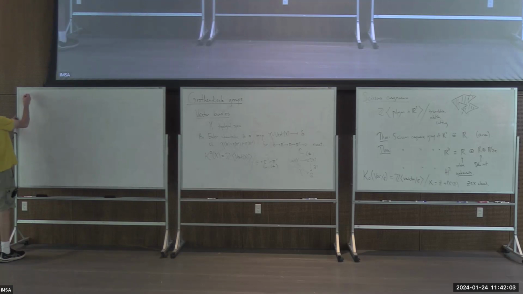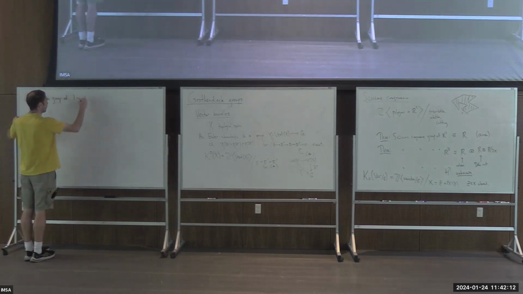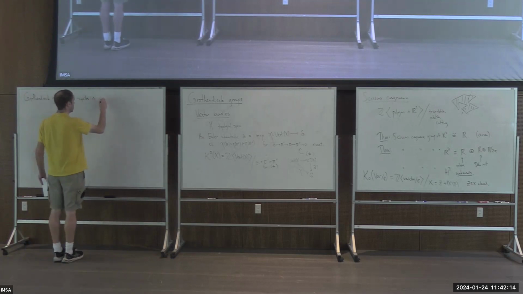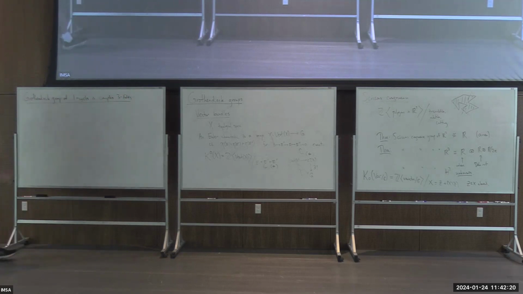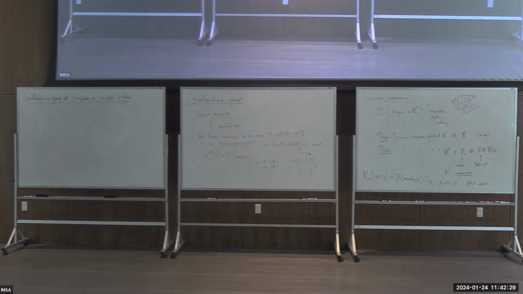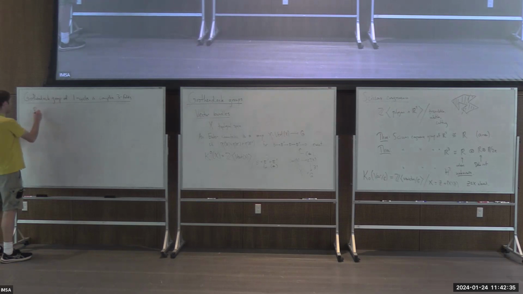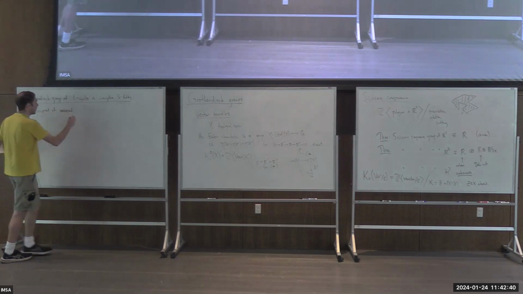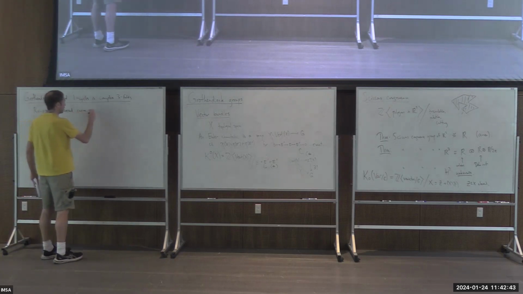Okay, so now I'm going to form the Grothendieck group of one cycles in complex threefolds. Now, the definition is going to have the same sort of flavor. And what it will be is the recipient of a universal enumerative invariant.